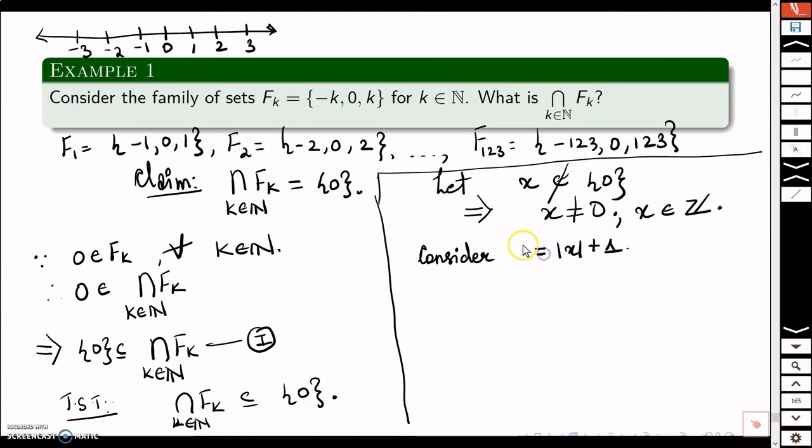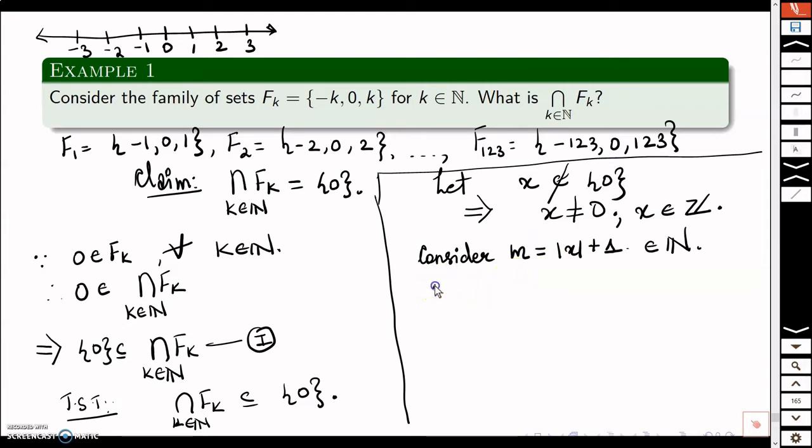You consider this as some number, let's say m. Then because x is an integer, this |x| will be a positive integer now, right? It's a natural number and I'm adding 1 to a natural number. So the number m will also be a natural number. So I found a natural number m which is modulus of this k plus 1.